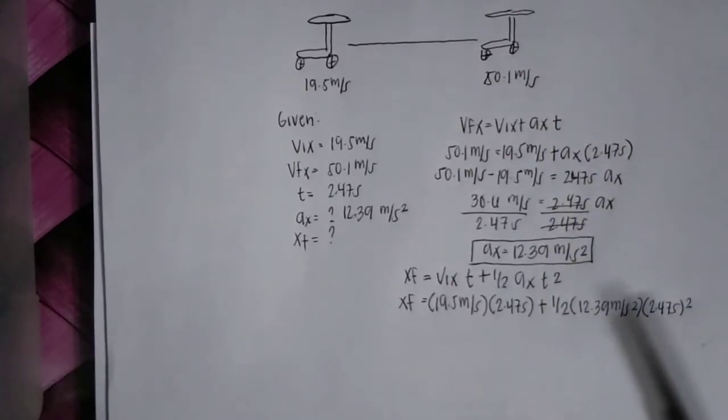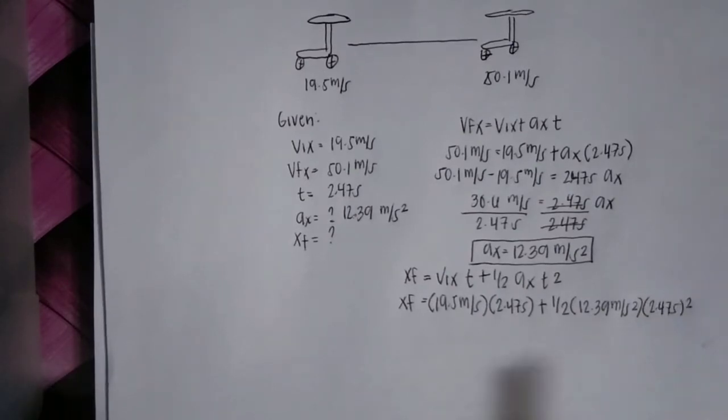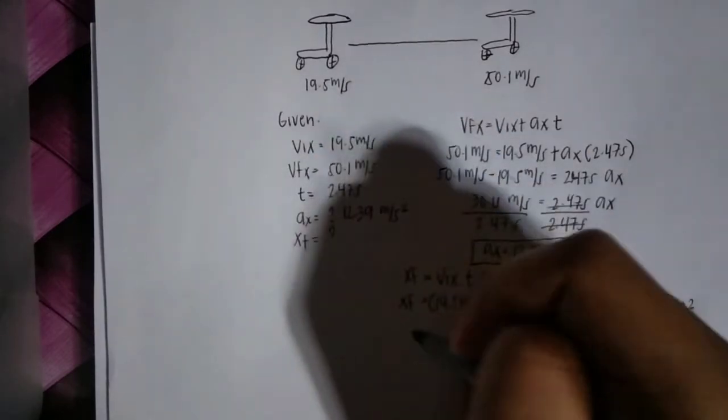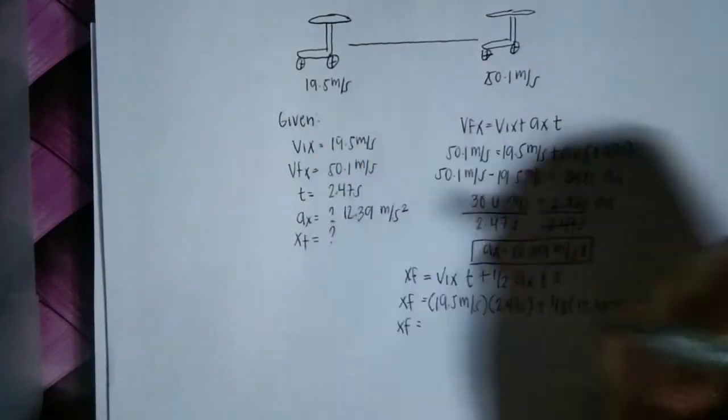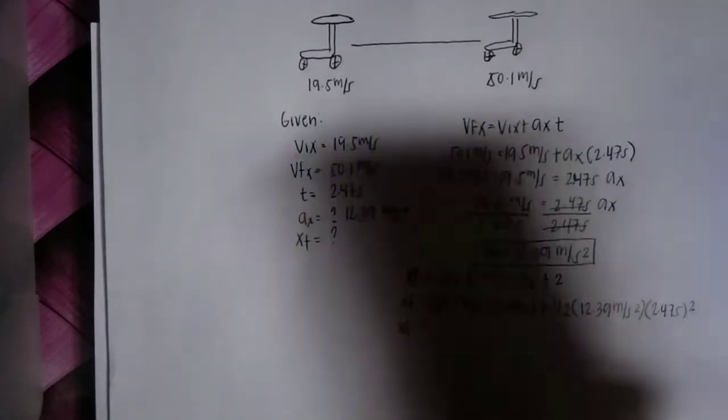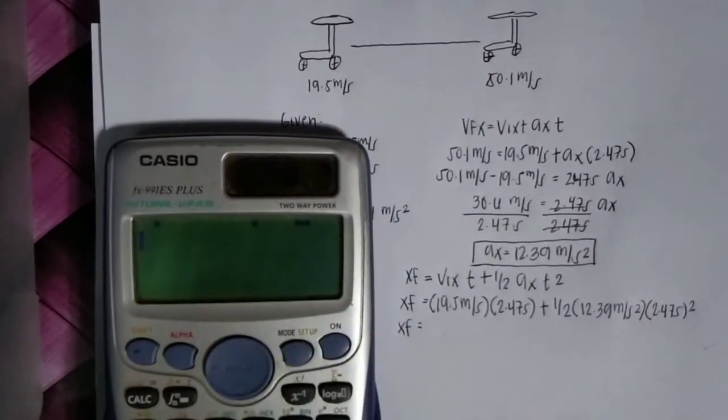And pagkatapos nating i-substitute, i-solve na lang natin to. So magiging xf ay is equal to 19.5 times 2.47. 19.5 times 2.47 ay is equal to 48.17.